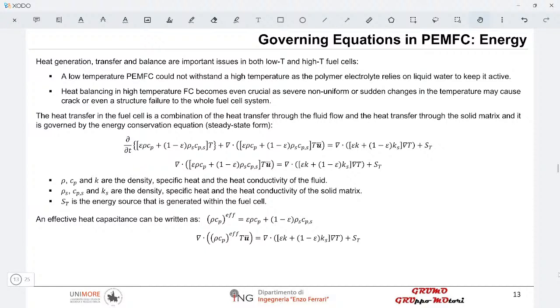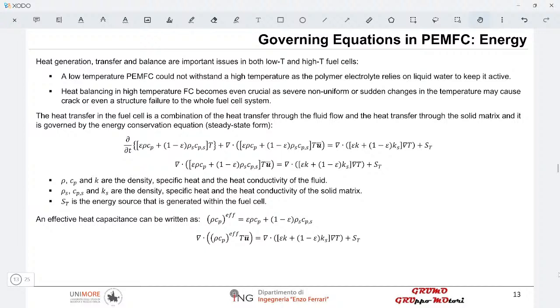Now, let's move to the energy equation. And again, like the other equations, we can write a generic form for the transport, for the conservation of energy. Okay, energy is extremely important.